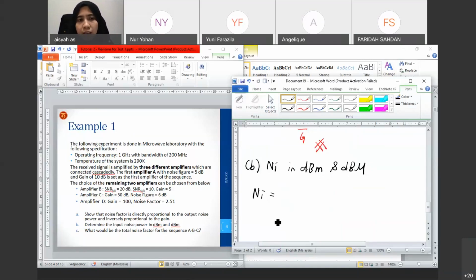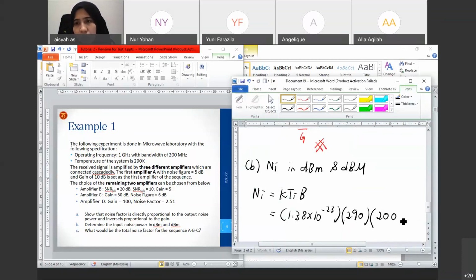KTB. What is the K? 1.38 times 10 to the negative 23. What is T here in this question? 290. And what is B? 200 megahertz. You need to write 200 mega as 200 times 10 power 6.